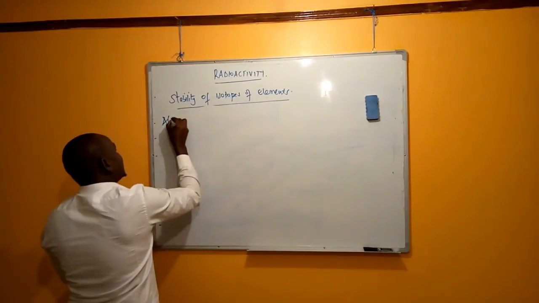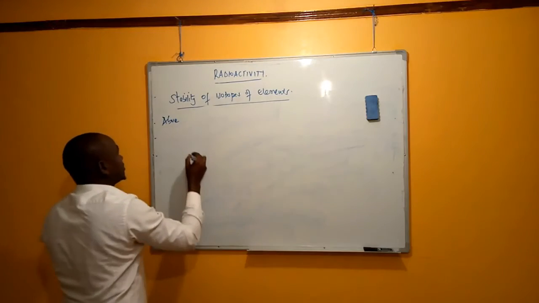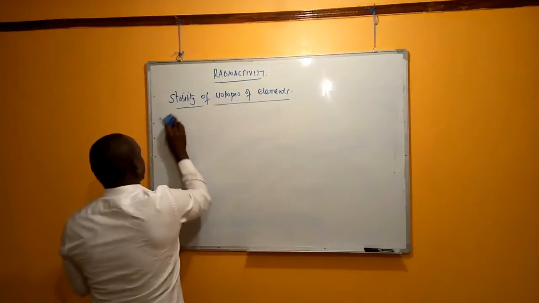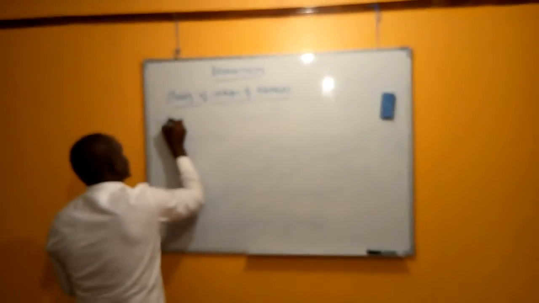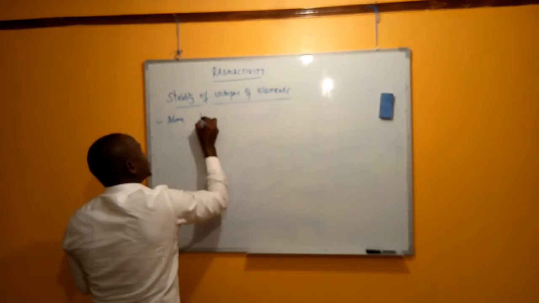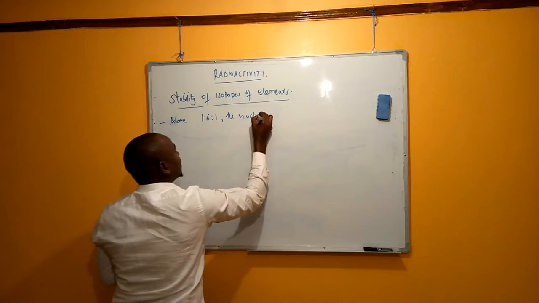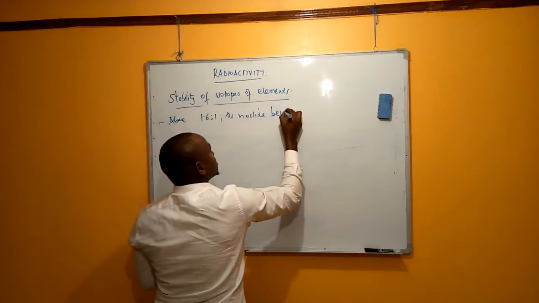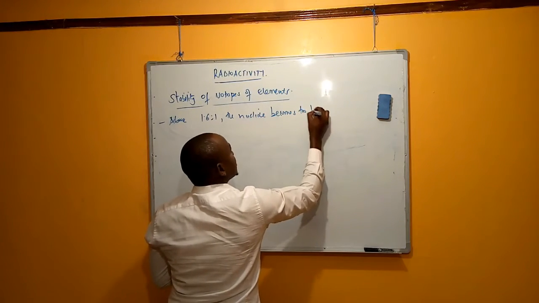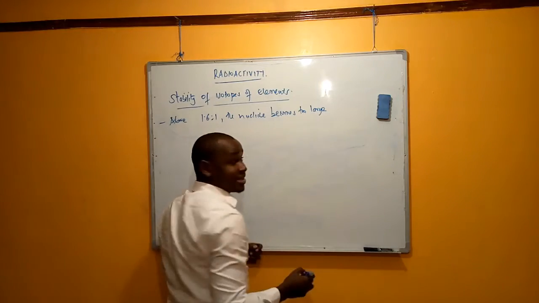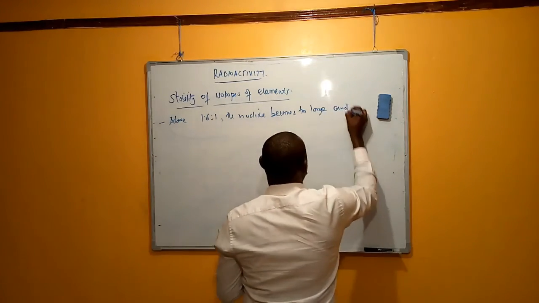Above the ratio 1.6:1, the nuclide becomes too large or too big and therefore unstable.